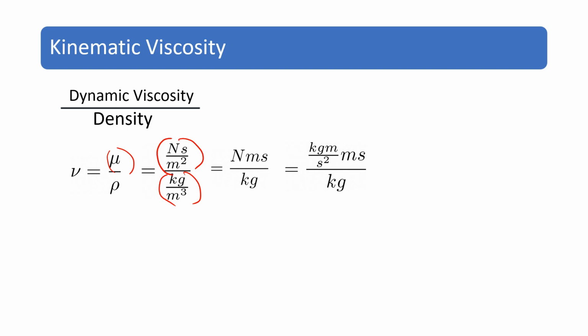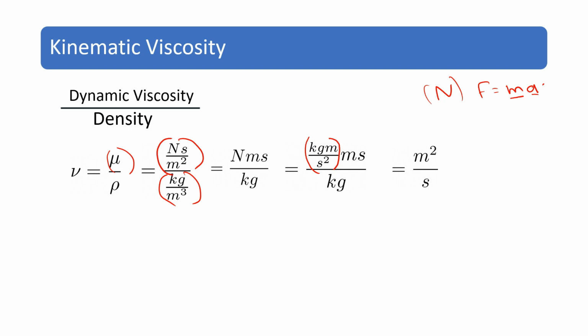If you write the units, Newton, that is force, is equal to mass into acceleration, so it is kilogram meter per second square. If you simplify it, you will get meter square per second.